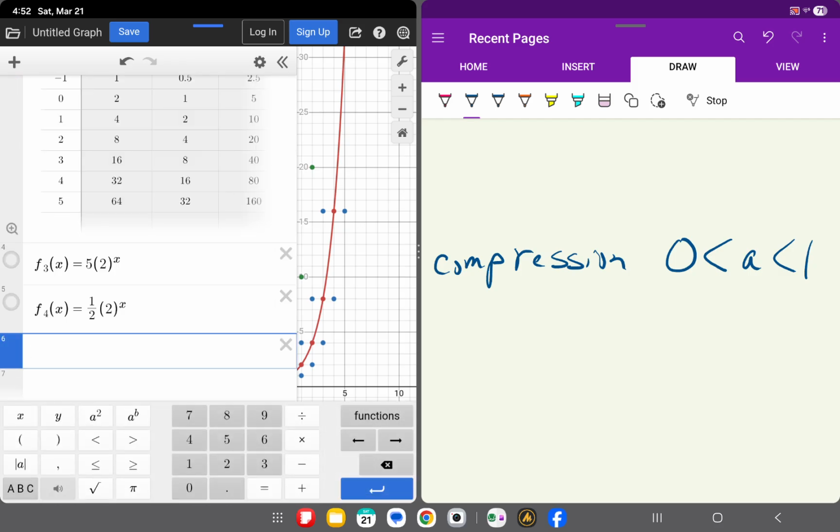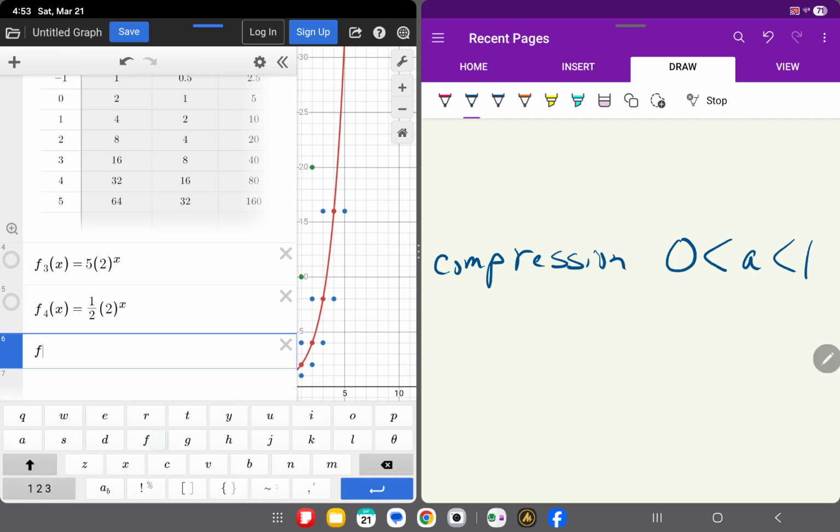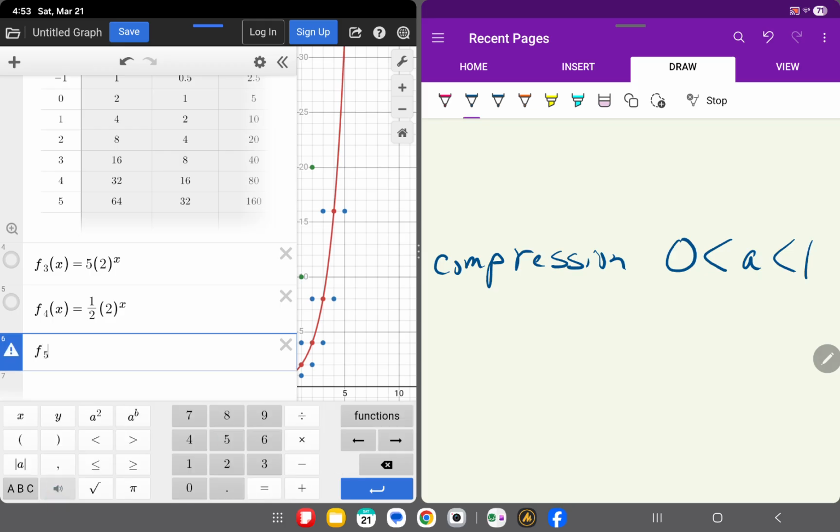But then we have what happens if a happens to be a negative number. Now remember, we could not have the base be a negative number because we would have an oscillating function. So we're going to do f5(x) equals, let's just do a -1 times our base, still 2, raised to the x power.